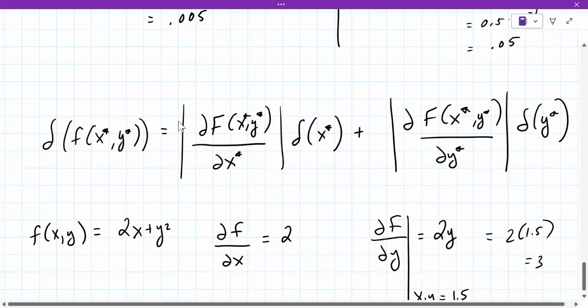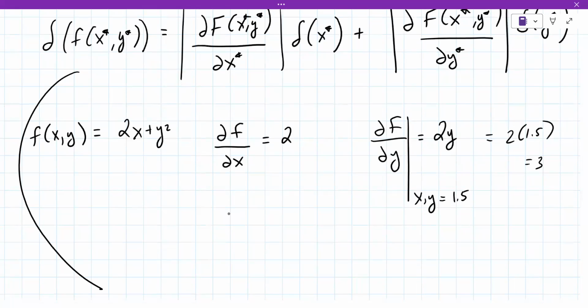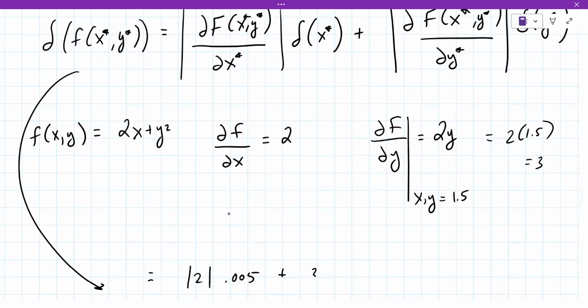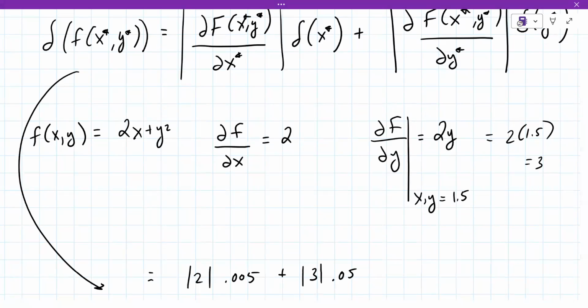Question? From where did you get the 2 again? It's from the x. Okay. The derivative of 2x. So coming down here, the answer is absolute value of 2 times 0.005 plus absolute value of 3 times 0.05. Okay.